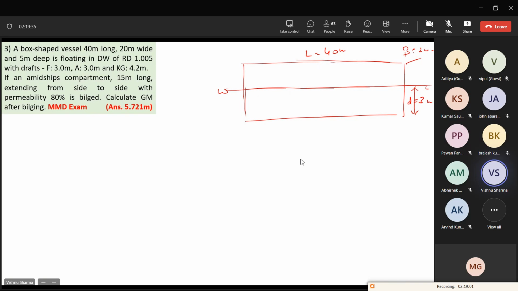It has a midship compartment 15 meter long, extending from side to side. That means length is 15 meters, breadth is 20 meters, with permeability of 80%. And now when there is a permeability in the question, I suggest we do like this in the compartment.